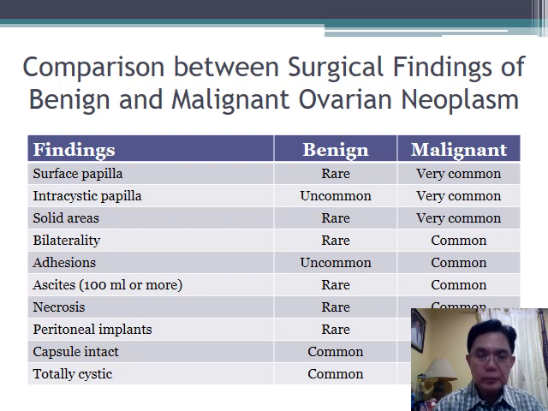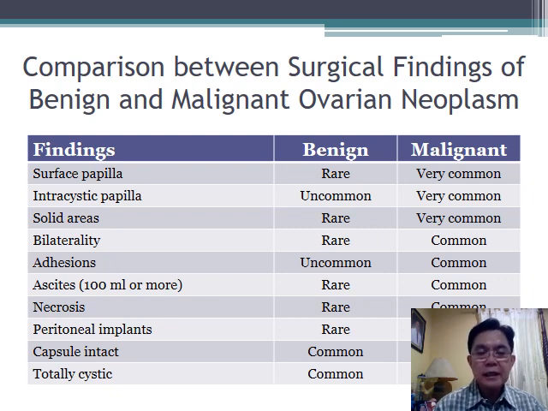Solid tumors, as mentioned previously, and bilateral tumors are commonly malignant. Presence of adhesions is common among malignant tumors, but you must also remember that adhesions are also common in endometriosis. The presence of ascites suggests malignancy. Your abdominal cavity contains peritoneal fluid.